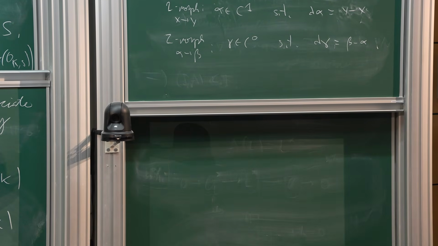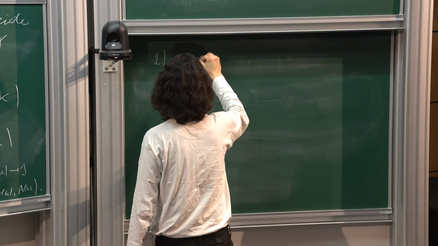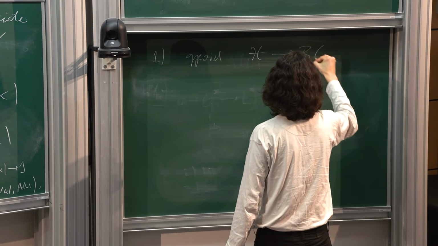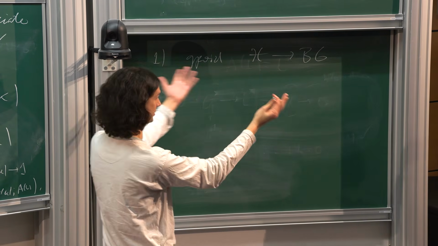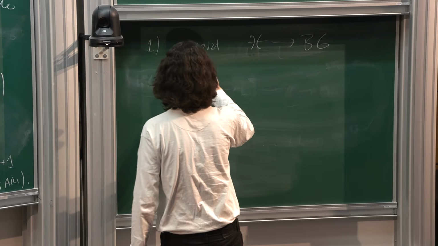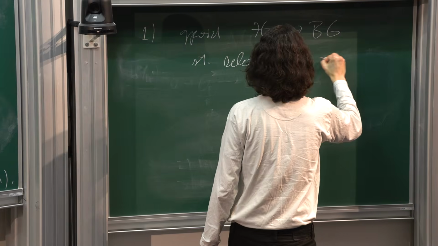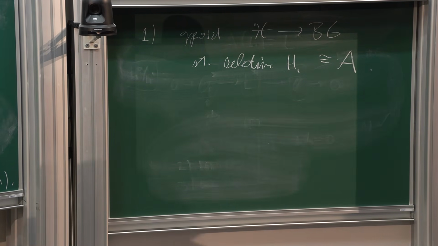All right. Okay, so another one would be a groupoid X over BG. The category of groupoids forms a two category. So groupoids over BG such that the relative H1 identifies with A. This is the closest one to the group extension point of view.